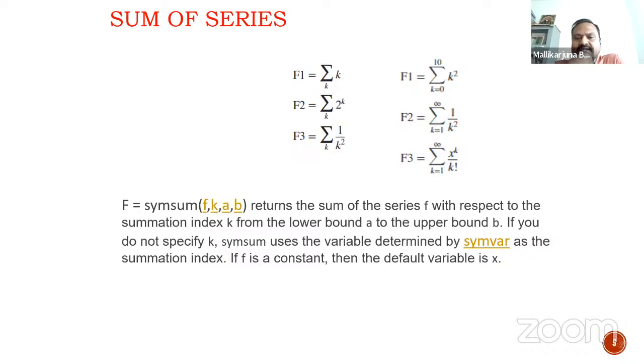The first one is the sum of the first n natural numbers. Let us find the sum of this series up to infinity or maybe the finite one. We will try both, up to infinity or up to a certain value. So both we can find here.